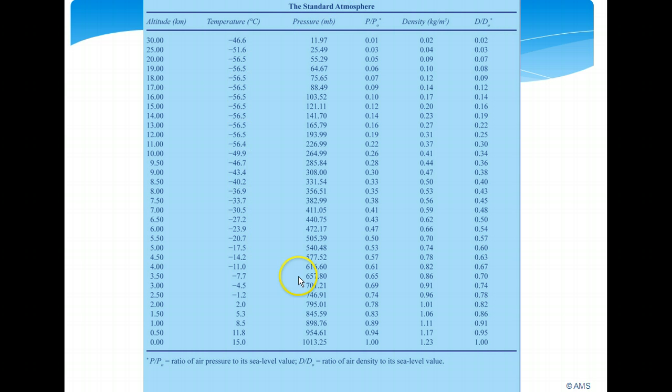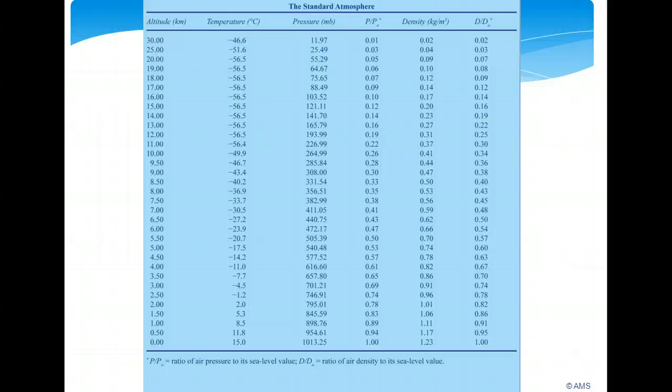You'll notice that the table is defined as a standard atmosphere, and that's important for us to appreciate. These vertical profiles of average air pressure and temperature are based on what we call the standard atmosphere, which is a model of the real atmosphere which was initially used to assess aircraft performance.